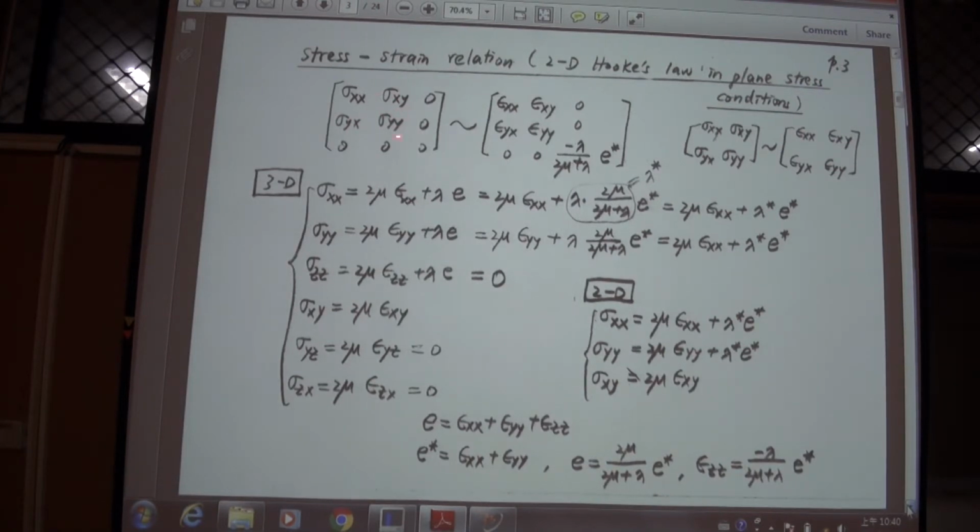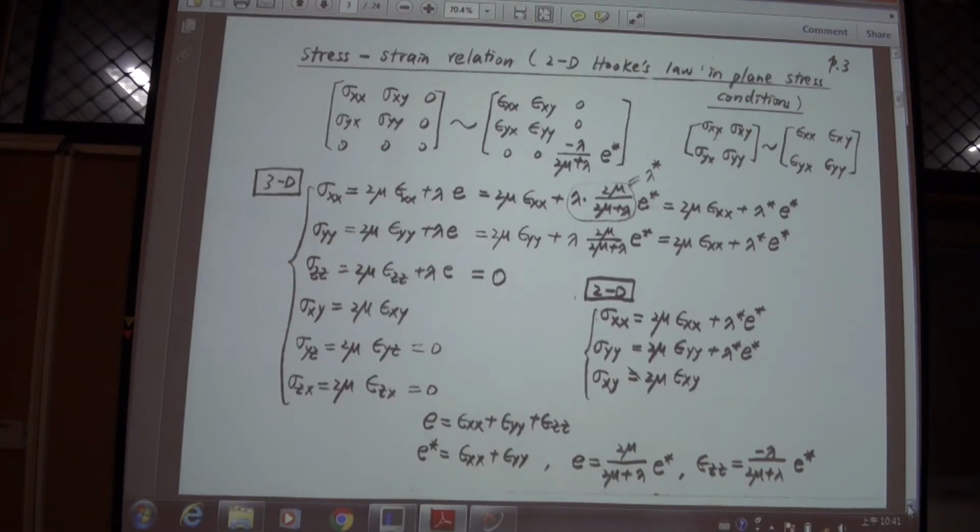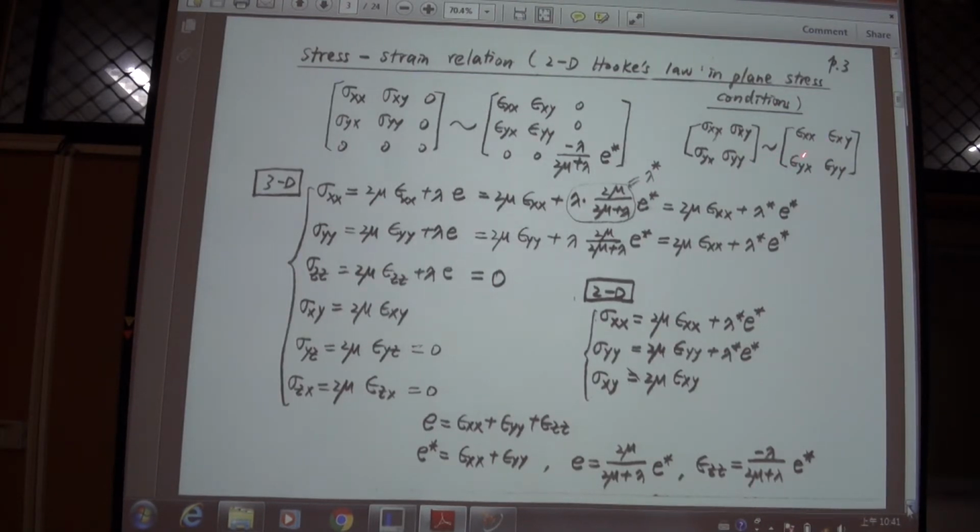Only this little matrix inside is important, and only this little matrix inside is important. So we would like to construct the relation between this little matrix and this little matrix. That means we want to construct a relation between these strain components and these stress components. Okay, let us see how to carry out such a calculation.